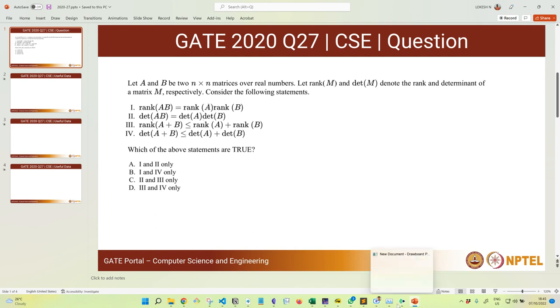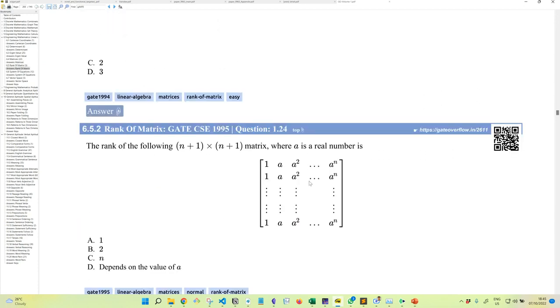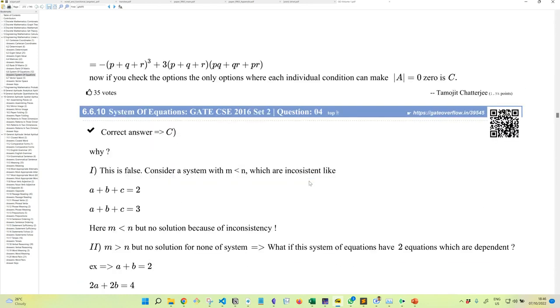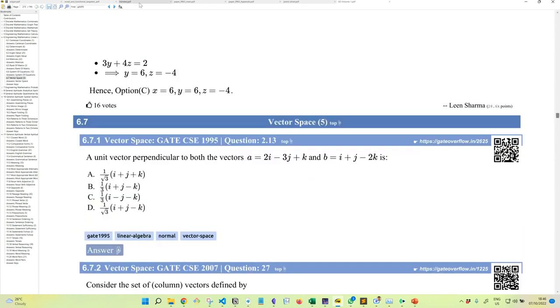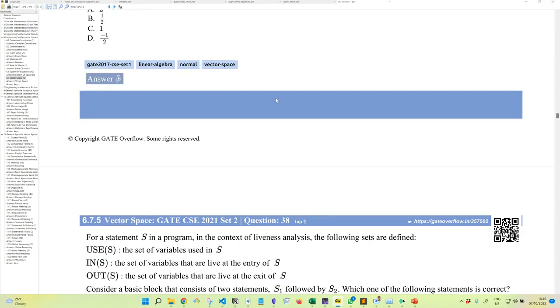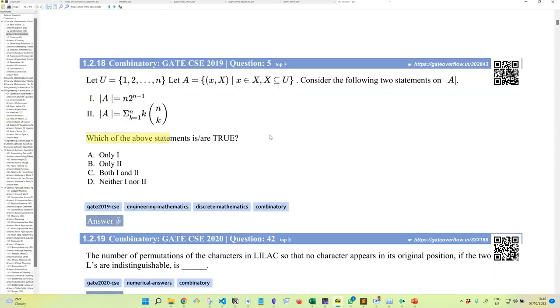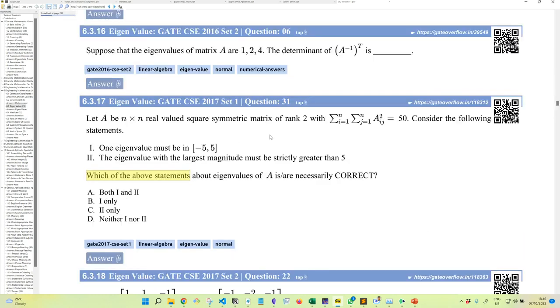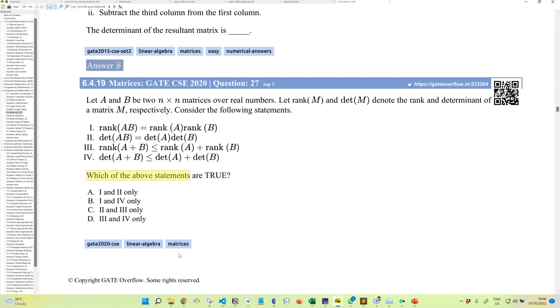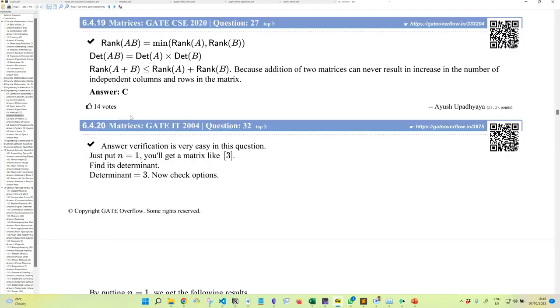Nonetheless, let me verify this solution. Right, answer is C.